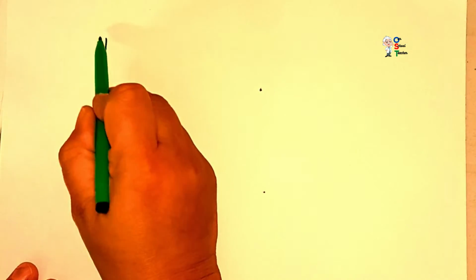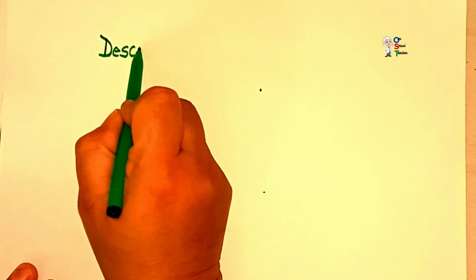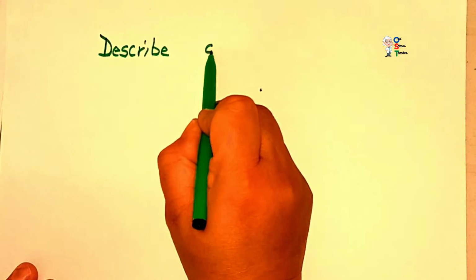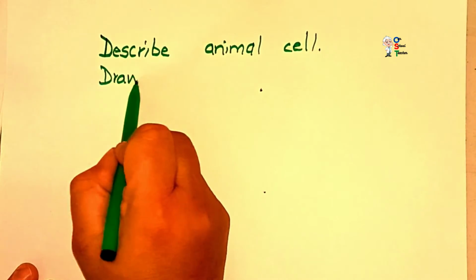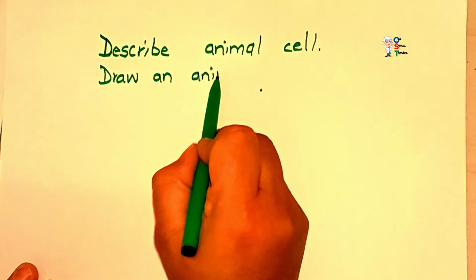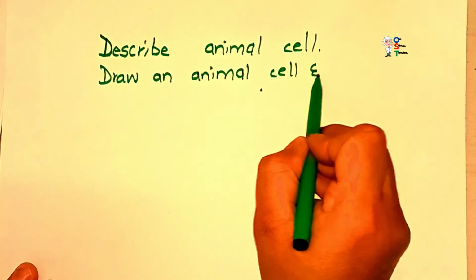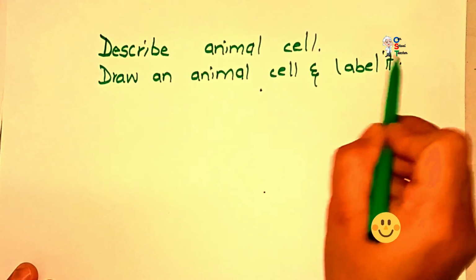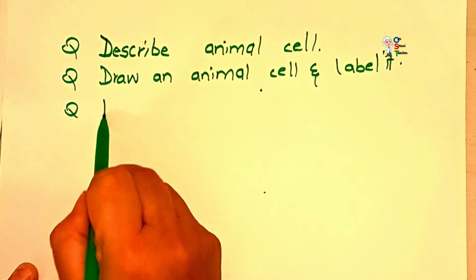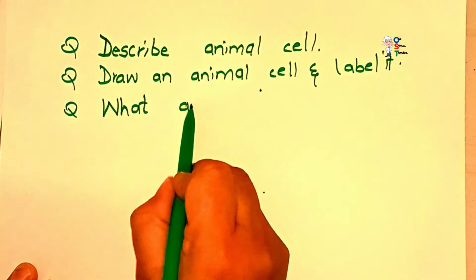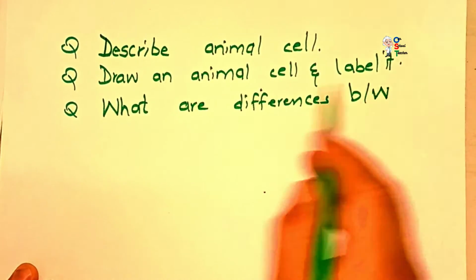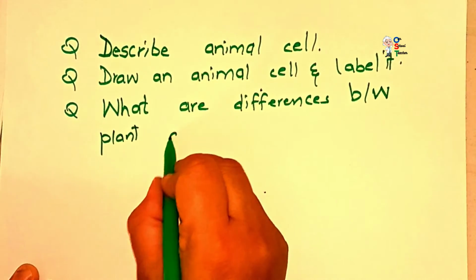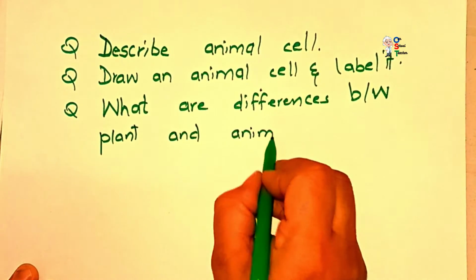So the questions you may have to answer are: describe animal cell, draw an animal cell and label it, and what are the differences between plant and animal cell?